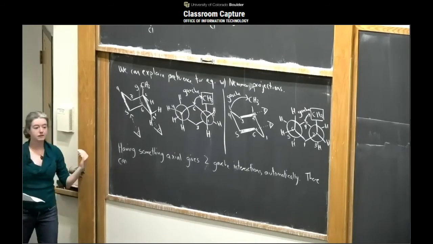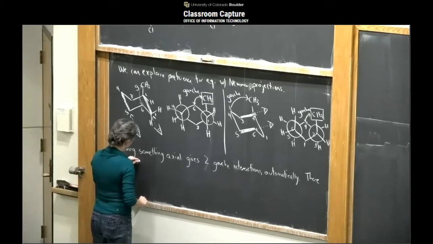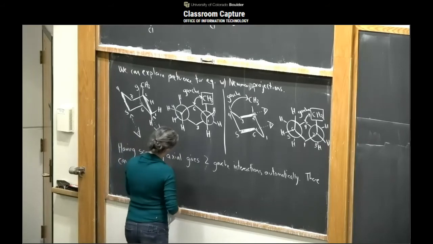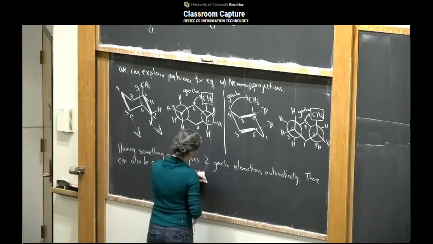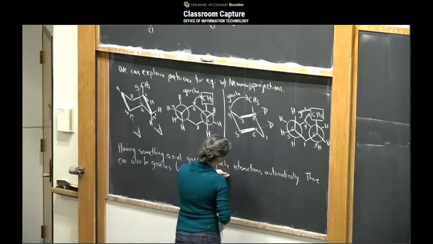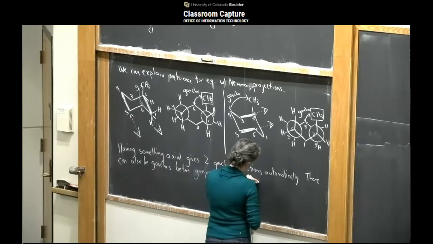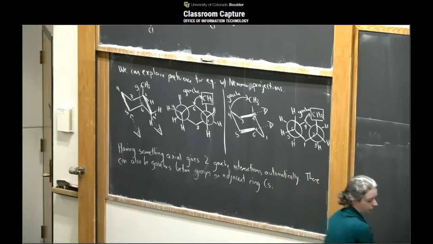The other one is if you've got two groups coming off of adjacent carbons. So I didn't leave myself enough room to draw it there. Hopping over to the other side of the board.